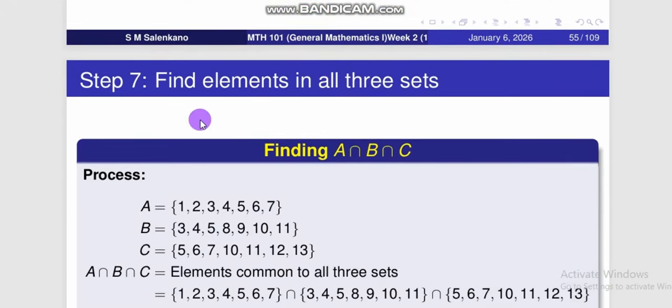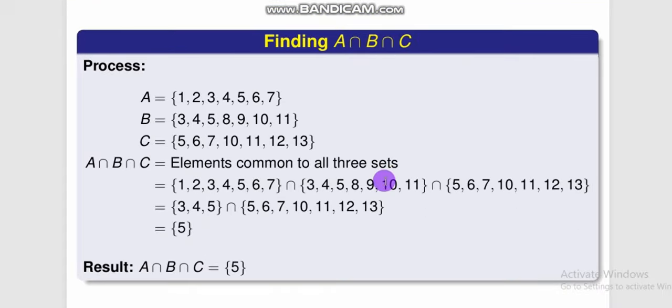So the next step is we find elements in all the 3 sets. So you are finding A intersection B intersection C, right? So this is what you do. You have A intersection B intersection C, elements common to all of them.